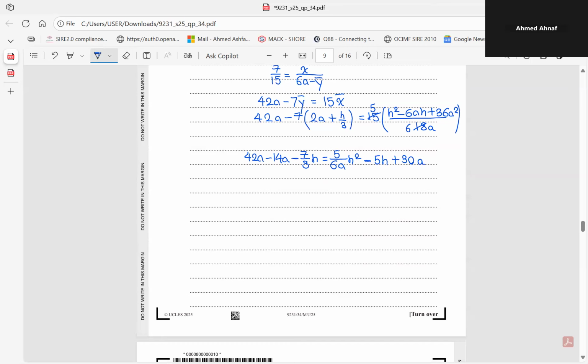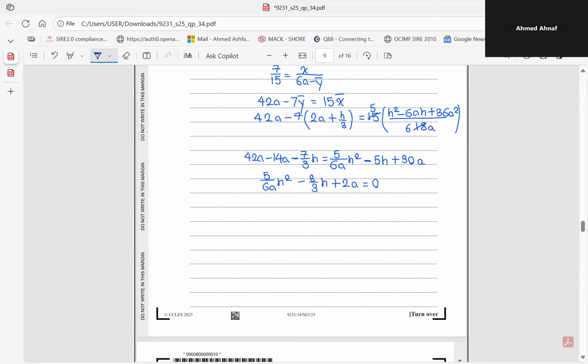Okay, so now we group all the h squared terms together and the h terms. So minus 5h plus 7 over 3h, you would get minus 8 over 3h. And then 30a plus 14a minus 42a, you would get 2a, okay, close to 0.